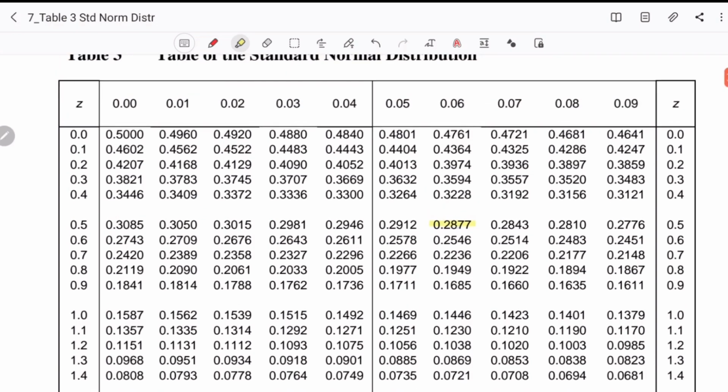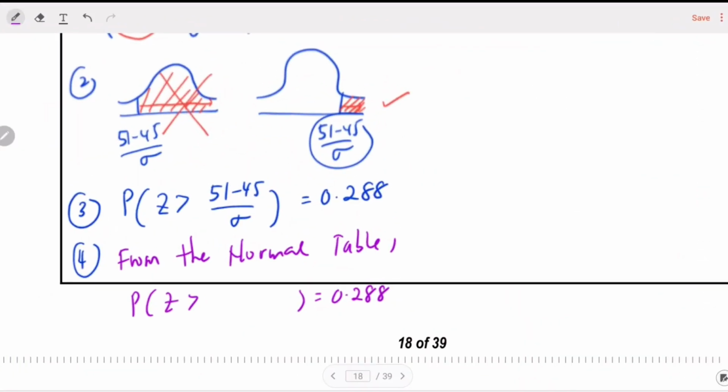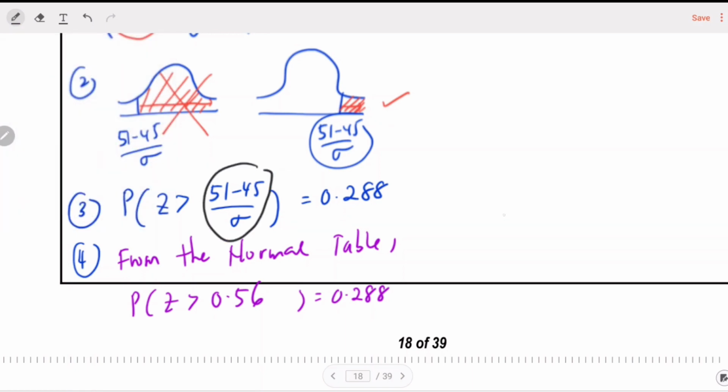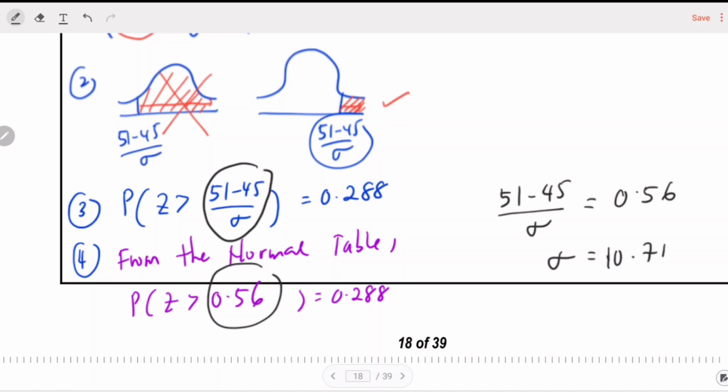So this is the closest one to 0.288. So the value of Z is 0.56. Right? Then lastly, compare: 51 minus 45 divided by sigma is equal to 0.56. Rearrange until we get the value of sigma, which is 10.71.